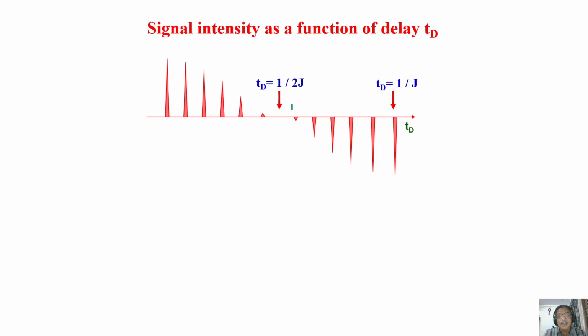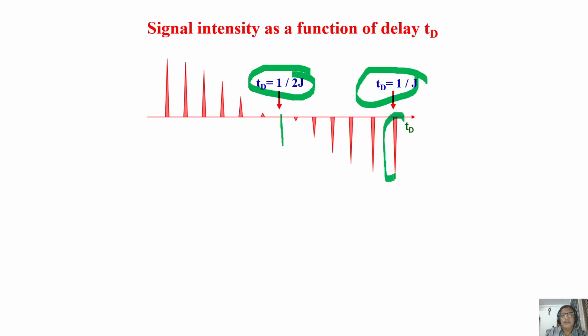When Td is exactly equal to 1 over 2J, we resolved the vector into two components. We said the oppositely moving components get nullified, and the vectors moving in the same direction get added up, and we found the signal. We saw that when Td is exactly 1 over 2J, the signal is 0. When Td is exactly 1 over J, the signal is negative maximum.